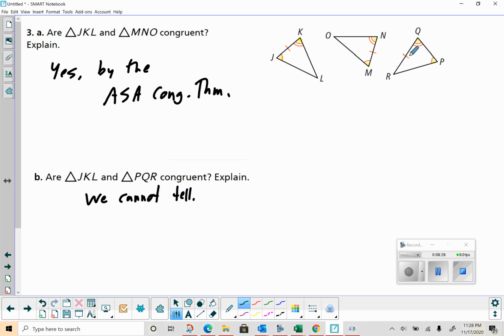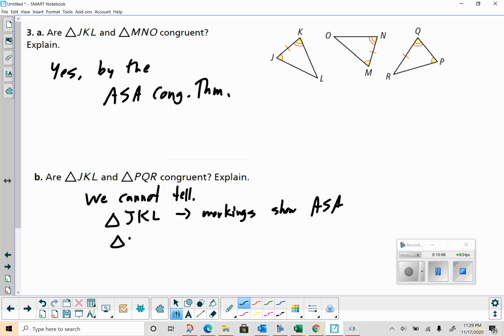The issue here is that the side, segment QR, that's marked as congruent to segment JK in this triangle, is not the included side, okay? So for triangle JKL, the markings, that's what we're expecting, two angles and the included side.